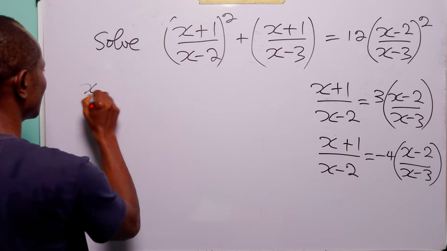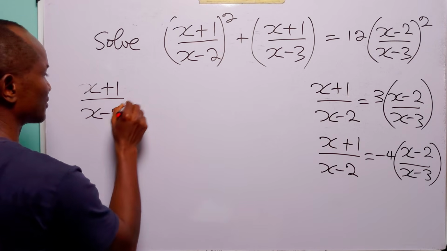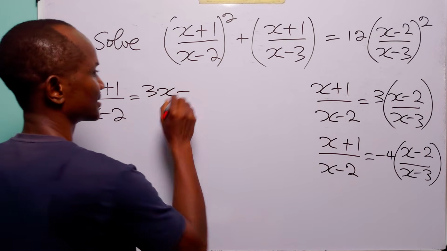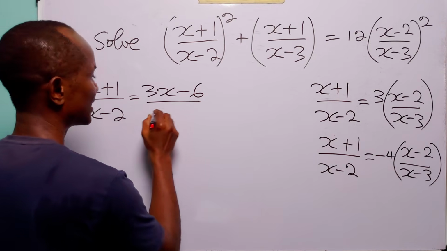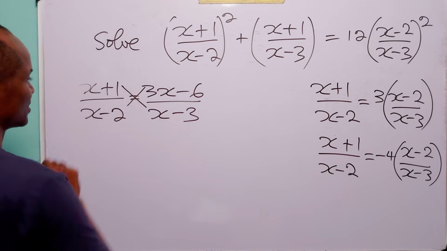We have x plus 1 over x minus 2 is equal to 3 times x is 3x, 3 times minus 2 is minus 6, divided by x minus 3. Of course, we cross multiply.